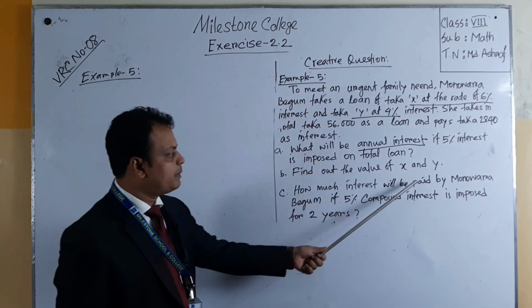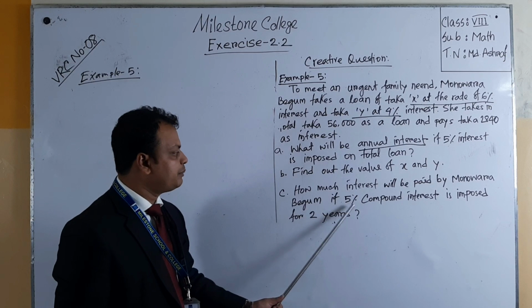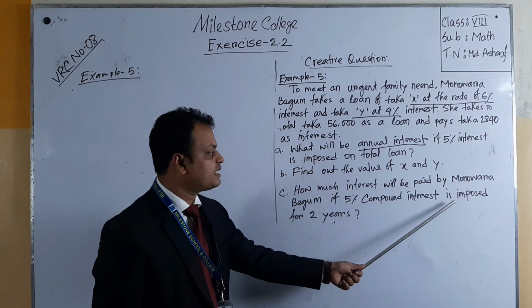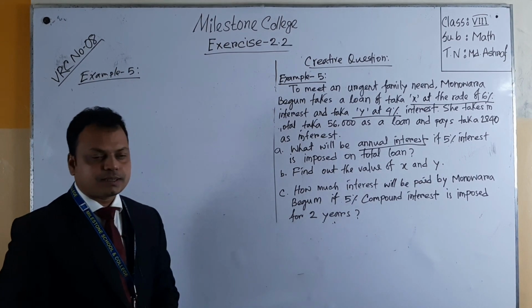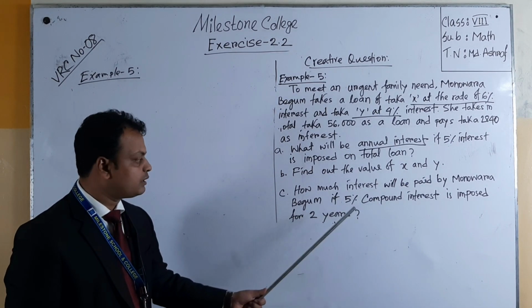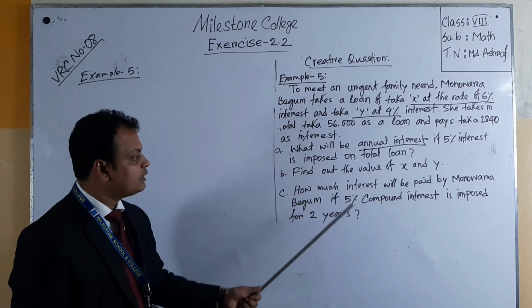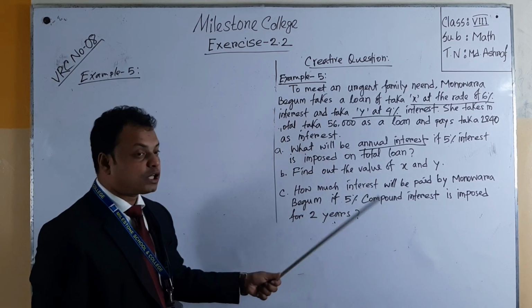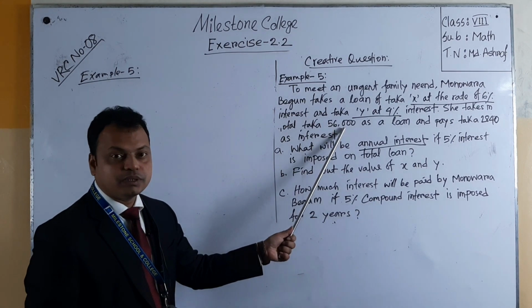How much interest will be paid by Monora Begum if 5% compound interest is imposed for 2 years? Here 5% compound interest is given, that means it is the rate of profit, time is 2 years, and the total loan is 56,000 taka. So this will be the principal.